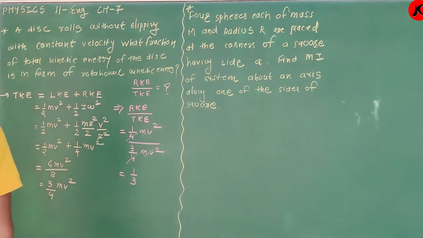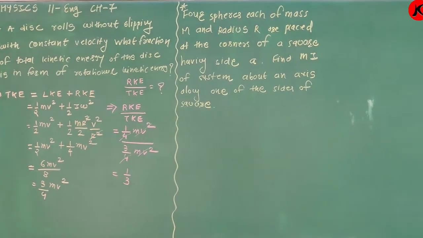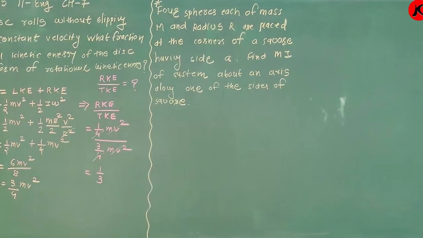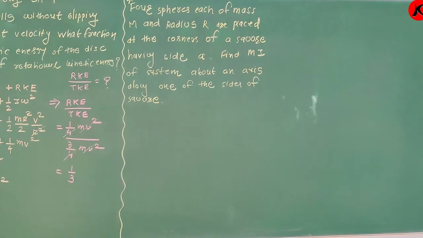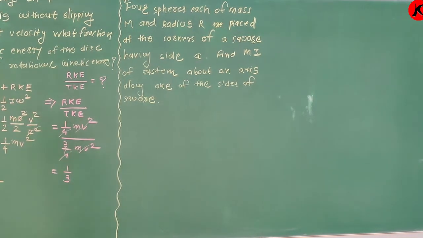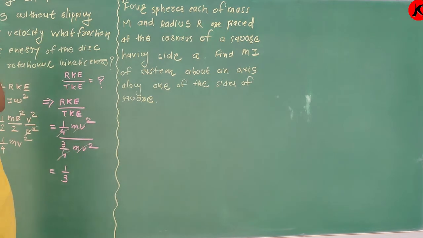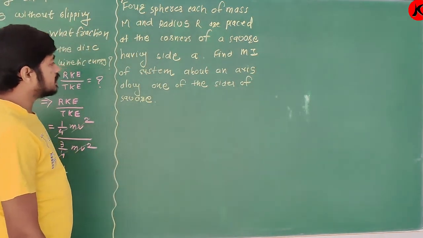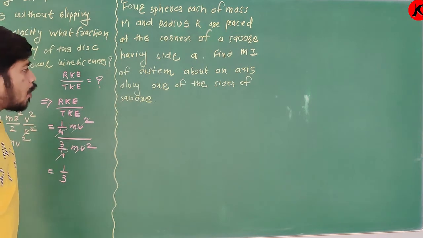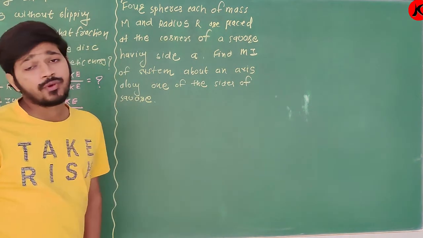Okay, now next question. See what the next question is. 4 spheres, each of mass m and radius r, are placed at the corners of a square having side A. Find MI. MI means moment of inertia. Find the MI of the system about an axis along one of the sides of the square.